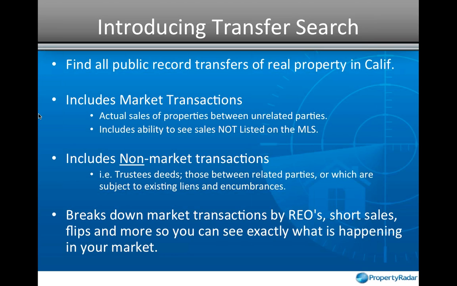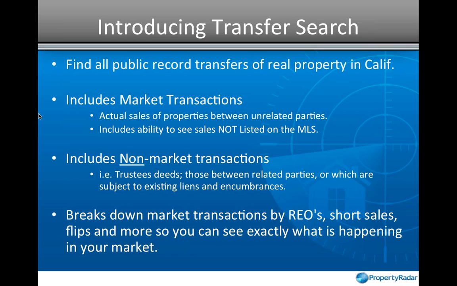That's a little interesting because we also track foreclosure sales in our foreclosure search module. The difference is we track the foreclosure sales based on the auctioneer saying sold, and here on the trustee's deed, this is when the deed actually gets recorded and finalizes that sale. So you can look at both sides of that now, which is something we do and nobody else does.